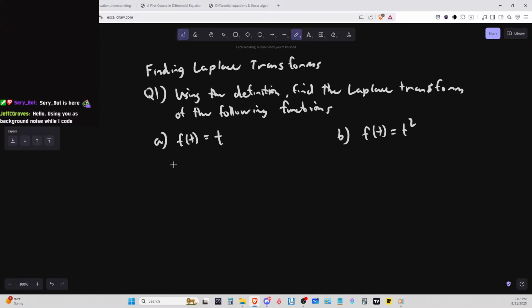So the definition of the Laplace transform, I have to remember, because I think it is the integral from 0 to infinity of f of t times e to the negative st. I think that's how it works.